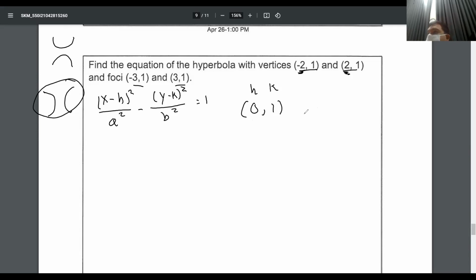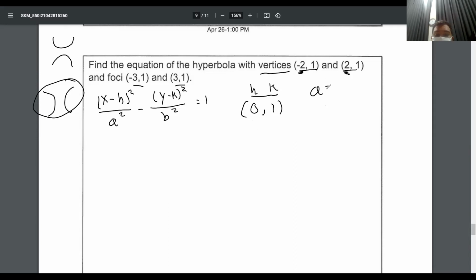Now, a, what is a? Does anyone remember? It's a distance between the center and each vertex, your choice of vertex. So it's the distance from the center to the vertices. So how far away is the center from the vertices in this one? 2.